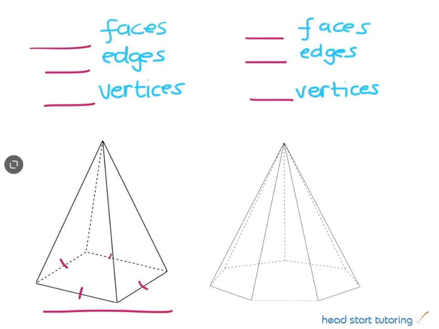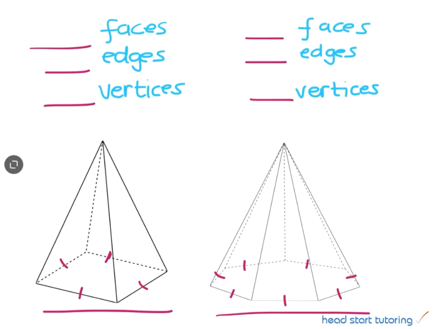Right, so it could easily be a rectangle, so you would need to be told that the base is a square. Right, so this pyramid over here is a heptagonal pyramid, and that is because our base has 1, 2, 3, 4, 5, 6, 7 sides. So our base is a heptagon in shape, so we call this pyramid a heptagonal pyramid.